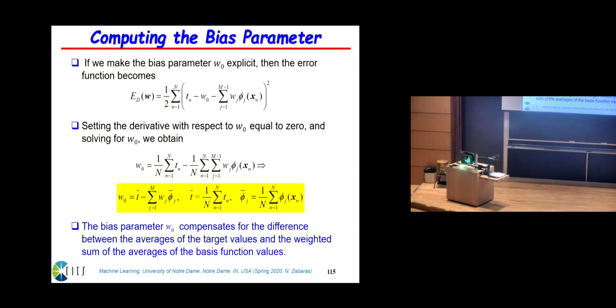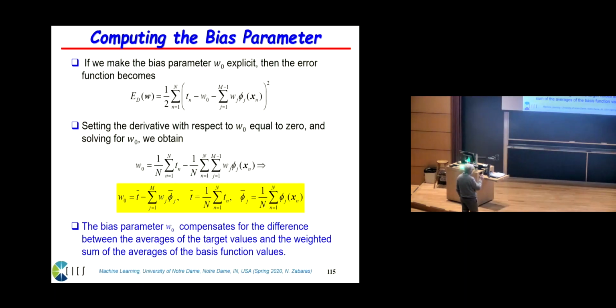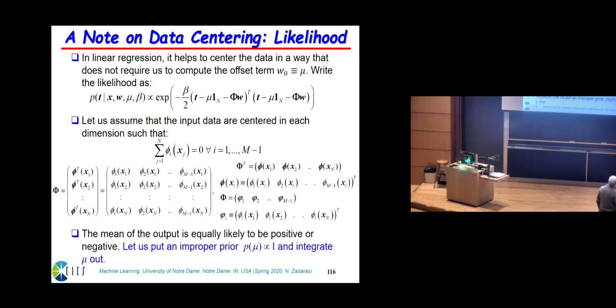So it is not something that you can use in the beginning and say, this is W0. No, you cannot, because you first need to compute these Wj's. If somehow we can compute the Wj's on their own, then this equation will give us what W0 is. So the question is, how do we compute the Wj's on their own?